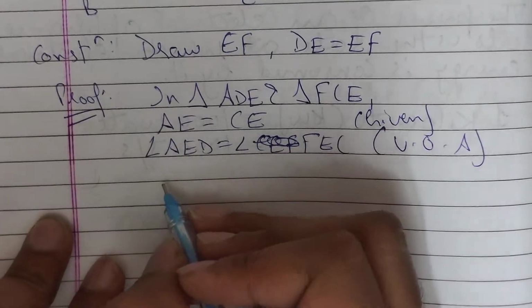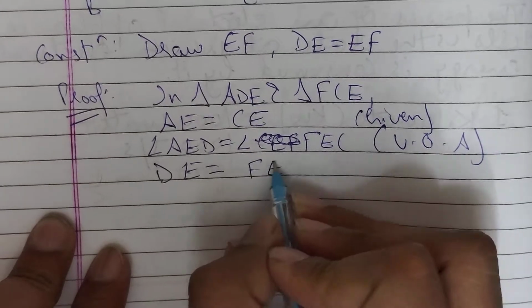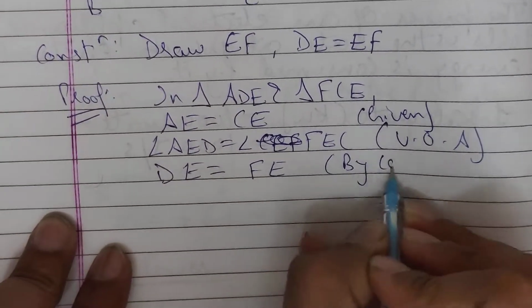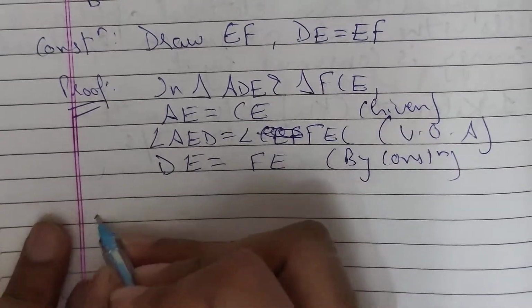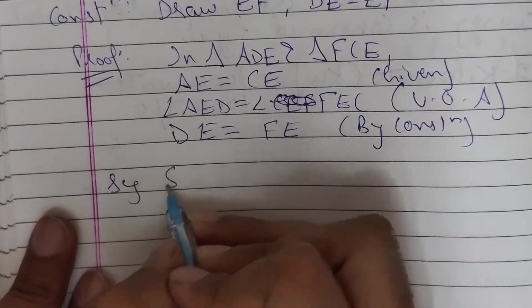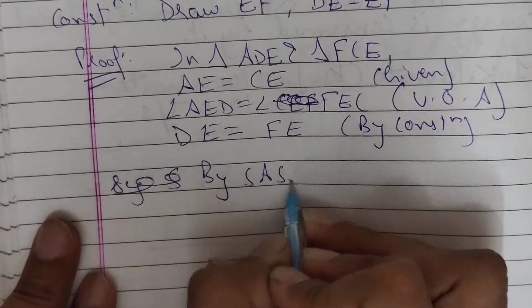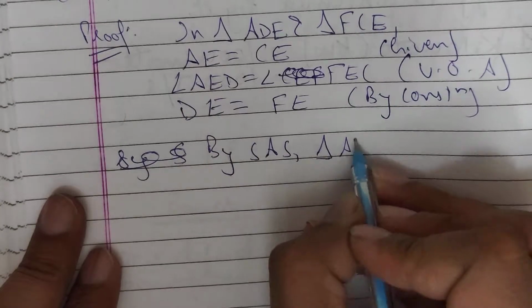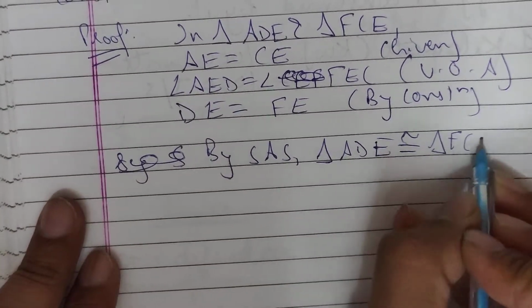And also we know that DE is equal to FE by construction. So by SAS, triangle ADE is congruent to triangle FCE.